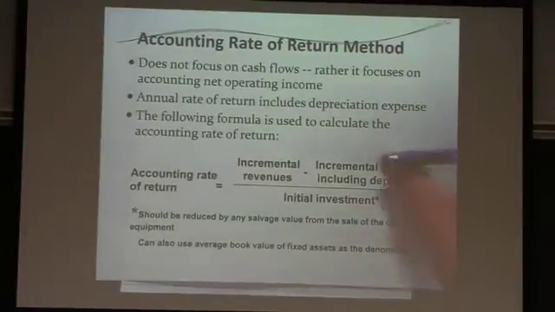Okay, so let's see if we could solve this problem and apply what we just learned. The first part is asking us to calculate the net present value, the NPV. So first we're looking for the investment.